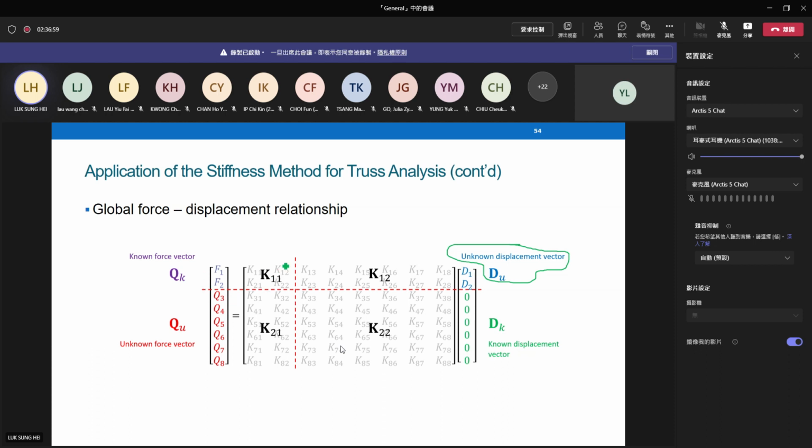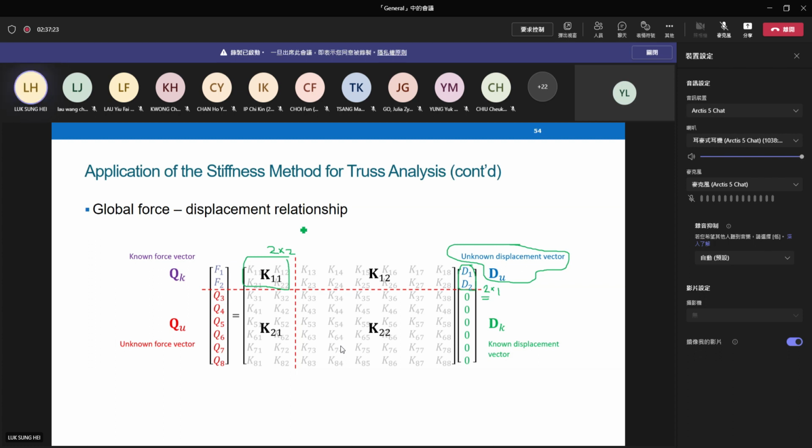K11, the dimension of K11 should be the same as the unknown displacement vector. The size of displacement vector is 2 by 1. In this case, the size of K11 should also be 2. Depends on the size of DU.